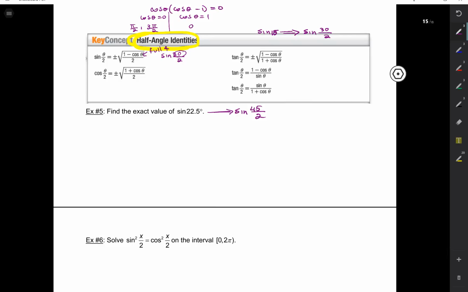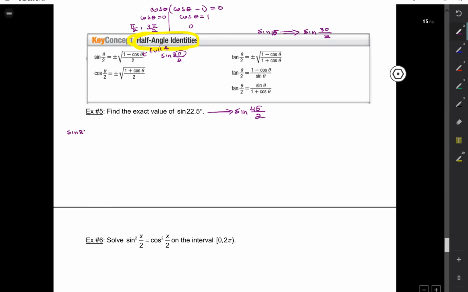Okay. So now, important stuff here. So this is plus or minus the square root of 1 minus cosine. What theta are we going to use? 45, the full angle, over 2.